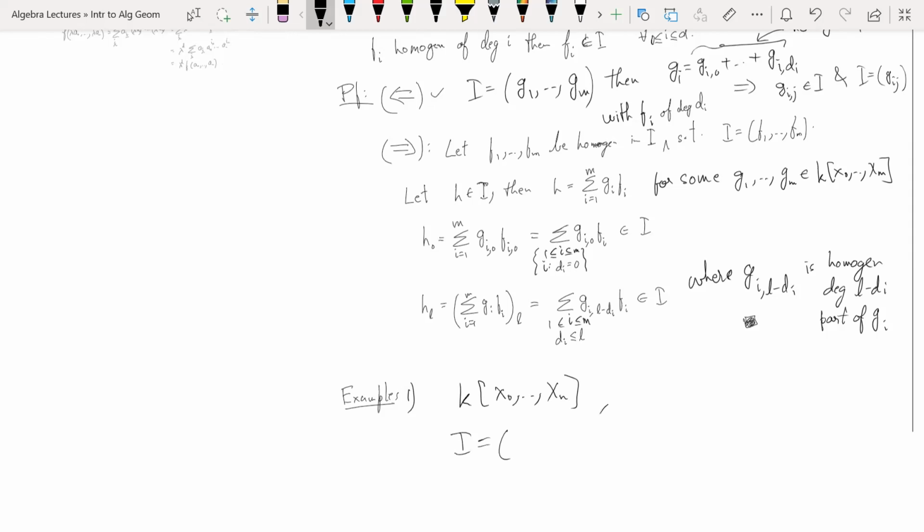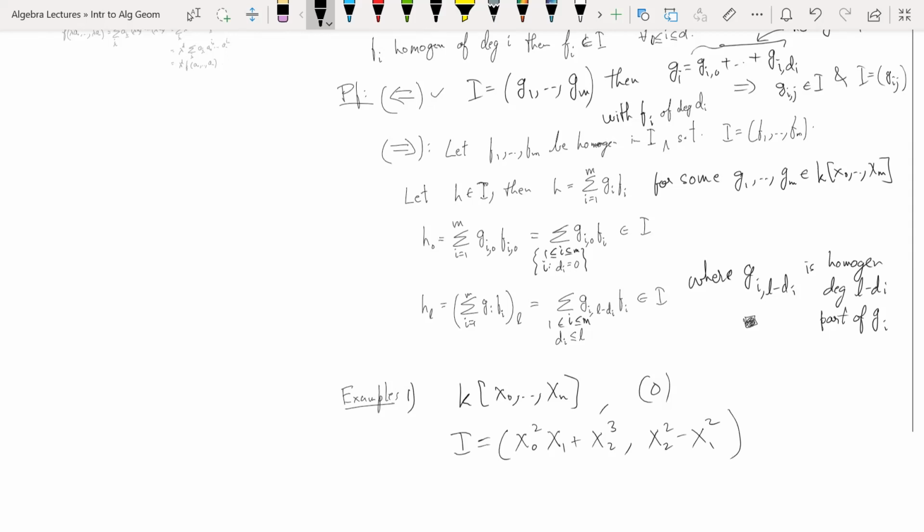By the way, the zero ideal is there, but you can look at x_0^2 x_1 + x_2^3 and, say, x_2^2 minus x_1^2.